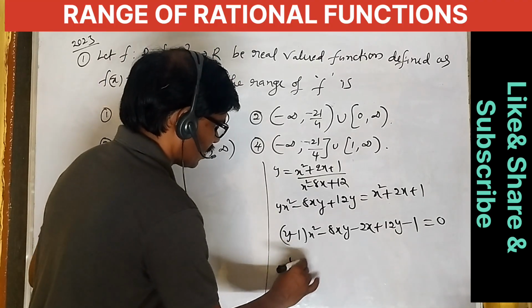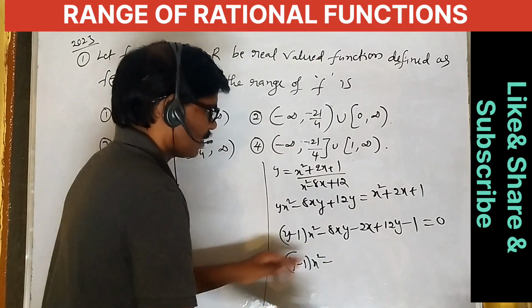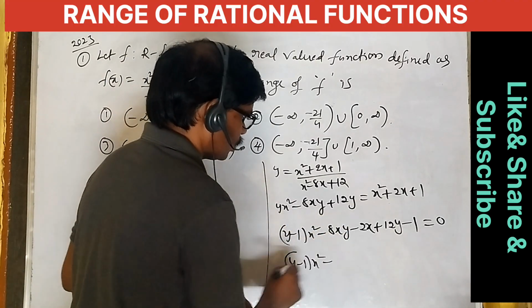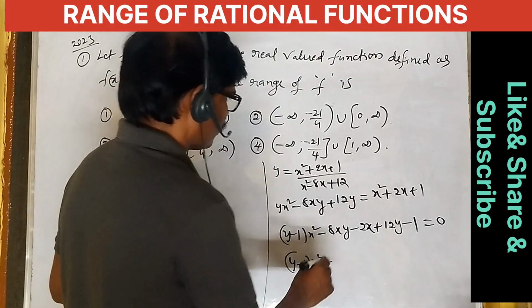Here write y minus 1 into x square. What is the common here? 2 is the common.